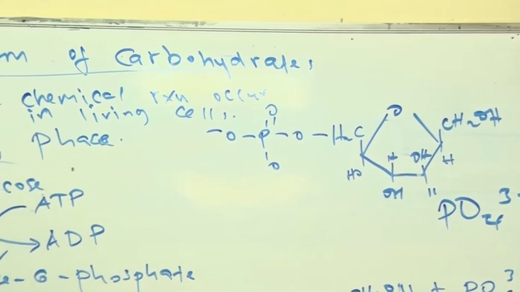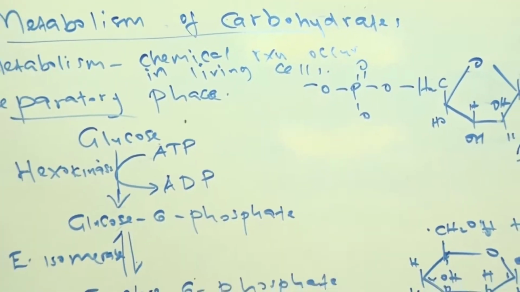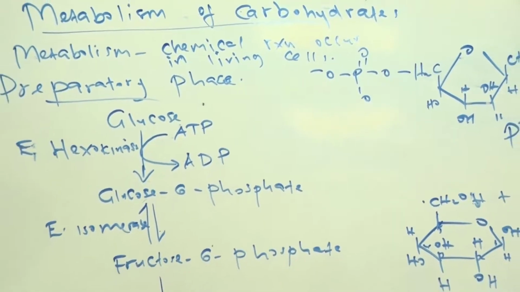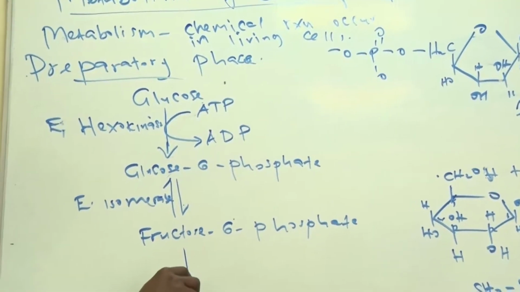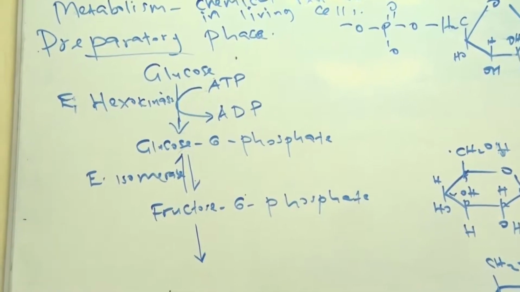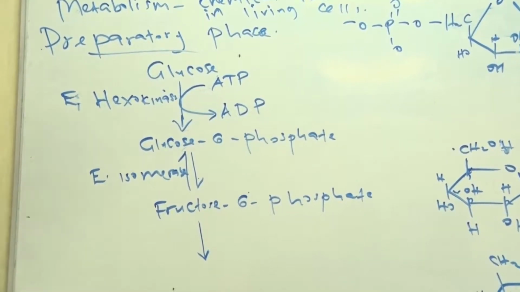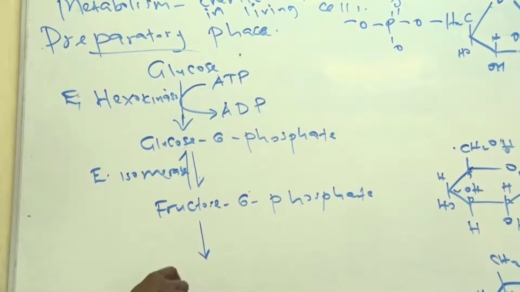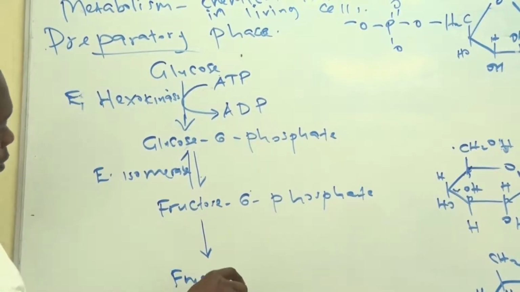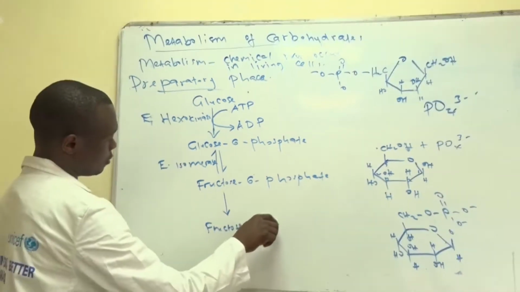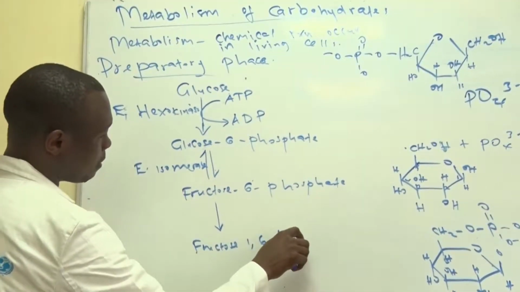Now, in the next step, we are going to form a compound called fructose 1,6-bisphosphate.